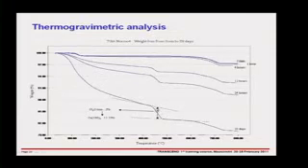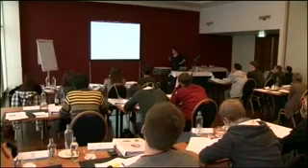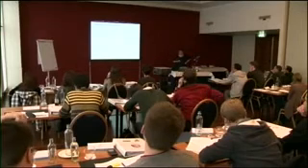You draw a vertical projection at the midpoint of that slope, and you take that step as a measure of your calcium hydroxide. And just by comparison with model mixtures and X-ray diffraction, that has been found to be the most accurate way of quantifying calcium hydroxide.